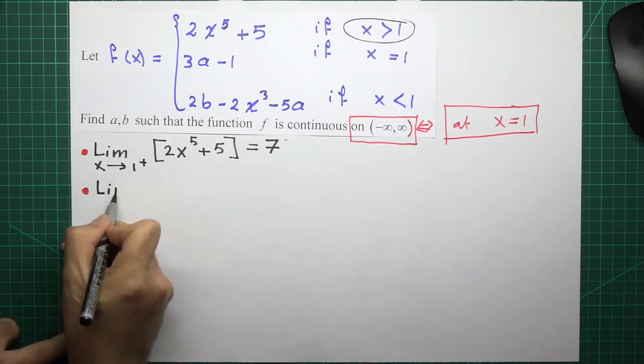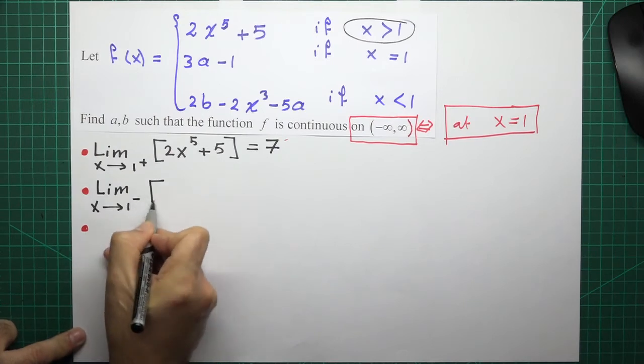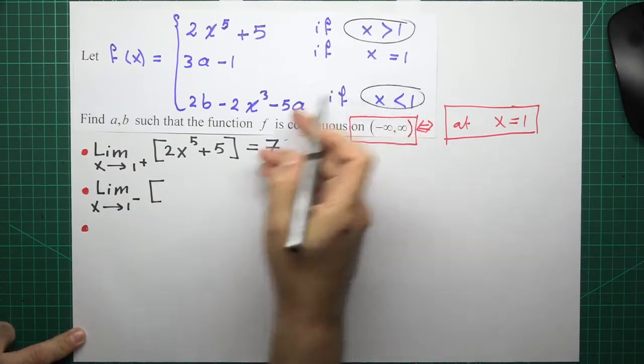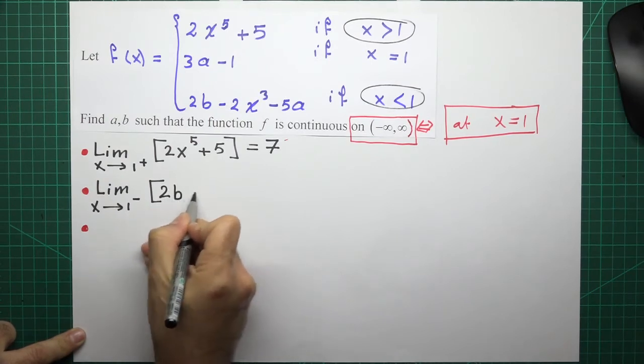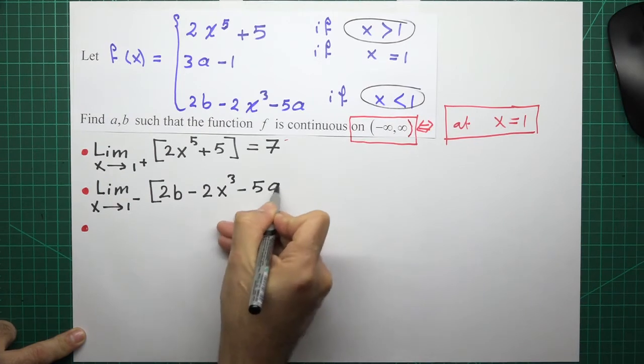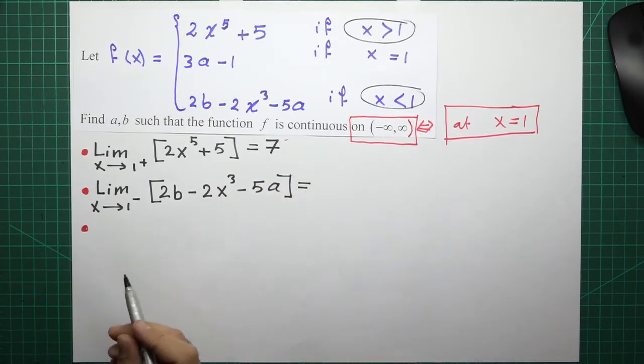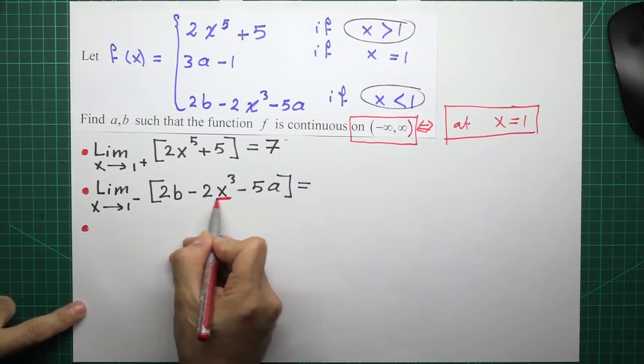And the same wise, the limit as x approaches 1 from left, this rule. عندي 2b، عندي 2x cubed، عندي minus 5a. وأحذر قائلا: لما نعمل limit as x approaches 1 راح نعمل limit بس بالإكس.